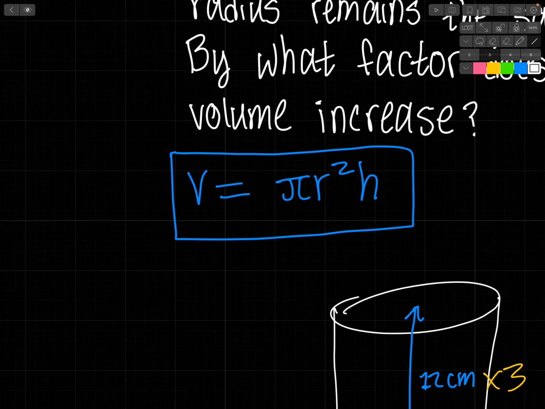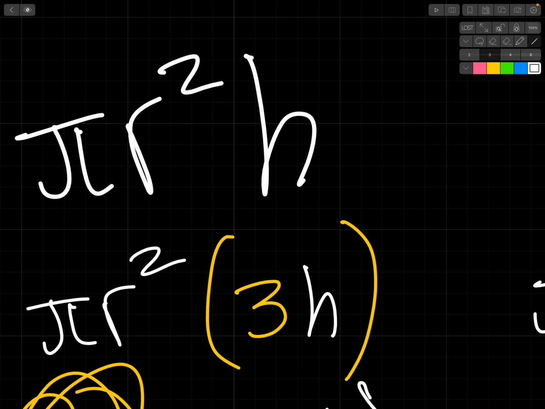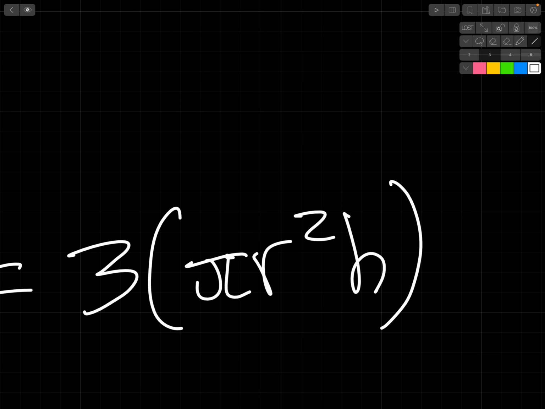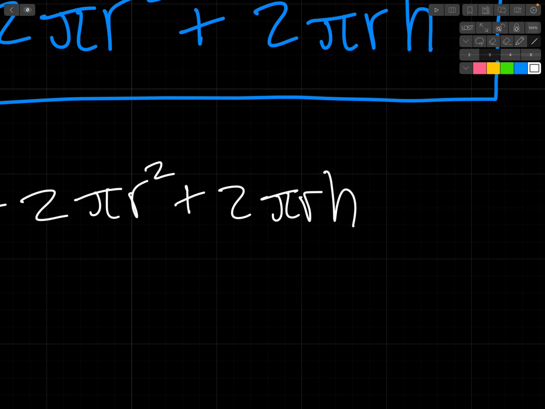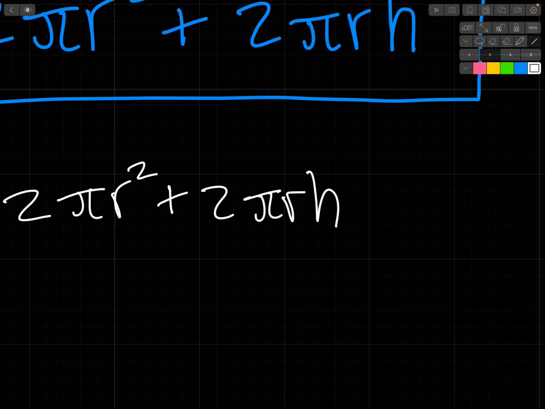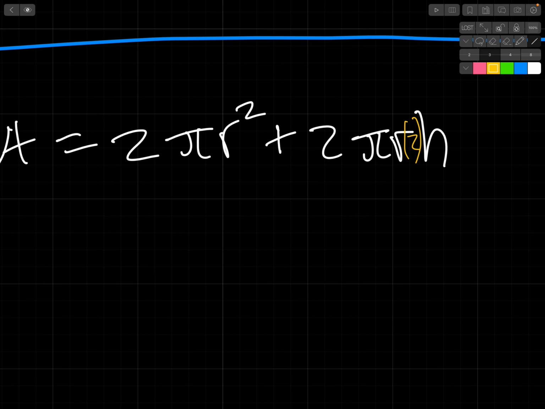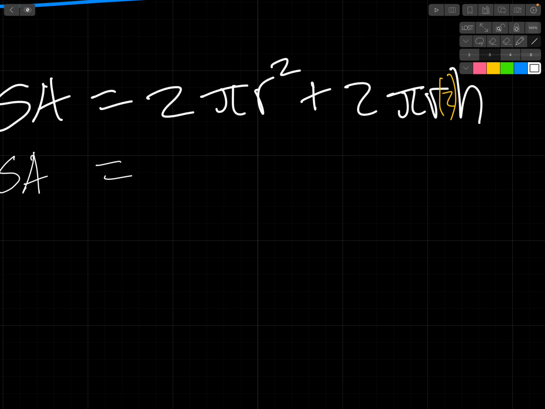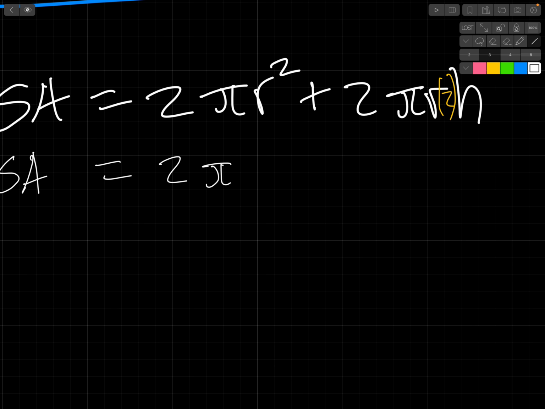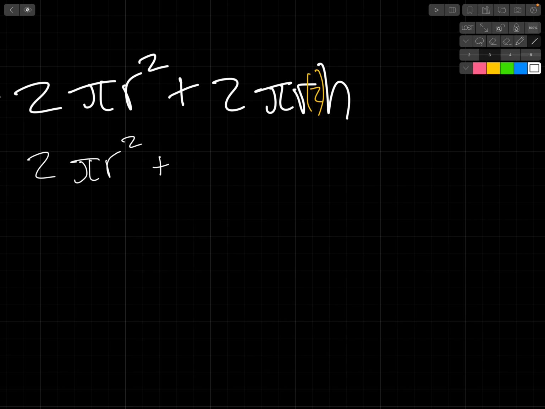So here, if this height is being doubled, surface area equals 2 pi r squared, which stays the same because this is separated by the plus sign, plus, and then this 2 is the same as just 2 times 2 pi r h.